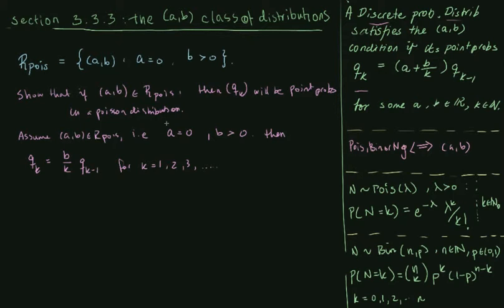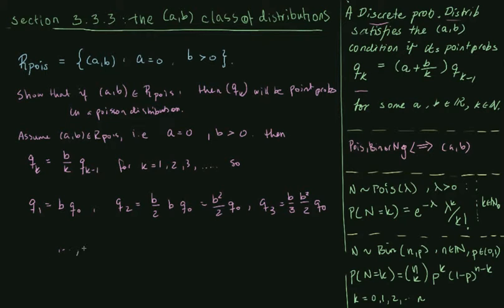So in particular, q1 is equal to b multiplied by q0. q2 is equal to b divided by 2 multiplied by b multiplied by q0, which is b squared over 2 q0. q3 will be equal to b over 3, and then b squared over 2 q0, and so on and so on.